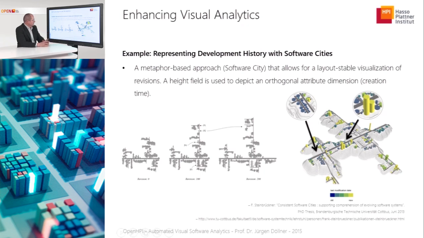So the software modules seem to be like a city, and the development history is encoded by the underlying height field. This is just one approach that aims to cope with the inherent difficult visualization of the time-based changes in a large hierarchy, such as a software system. So this is one approach that is currently under investigation.